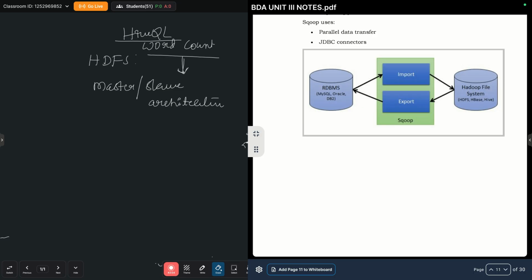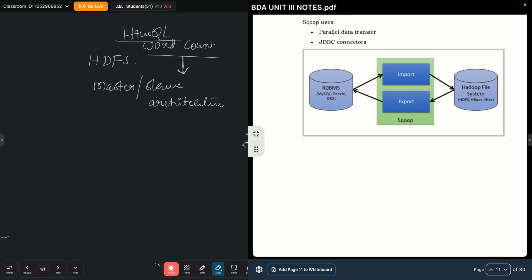So this is the RDBMS server, relational database management systems like MySQL, Oracle, DB2, anything. And coming to here, HDFS, the Hadoop file system, HBase, Hive. In between these two, importing the data or exporting the data is done with the help of Sqoop.